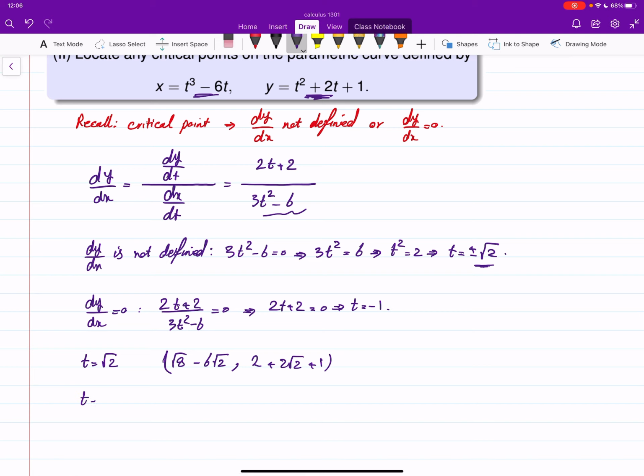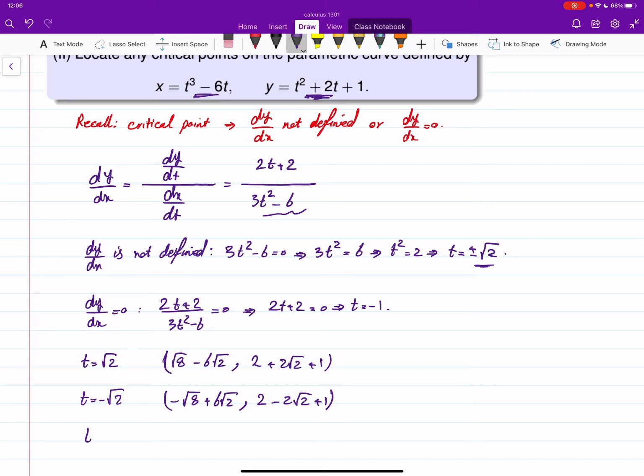How about t equal to negative root 2? This is minus root 8 plus 6 root 2, and this is 2 minus 2 root 2 plus 1.